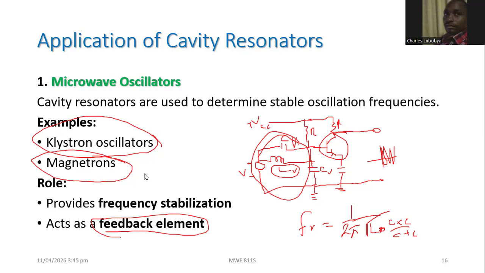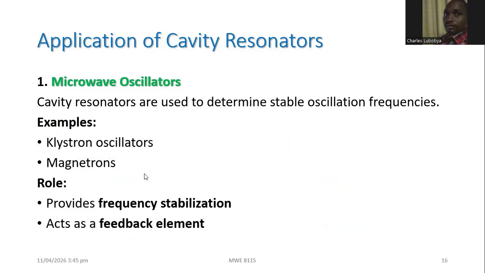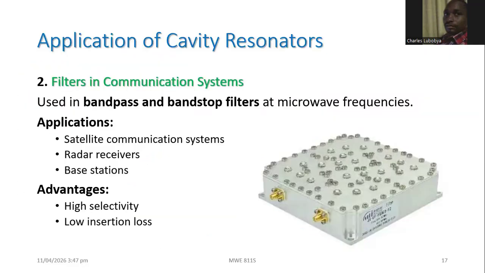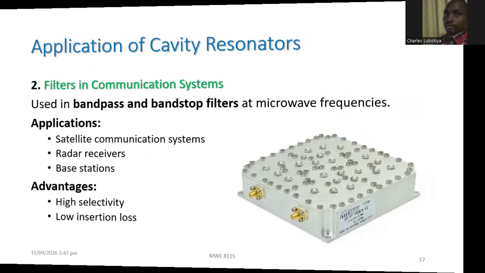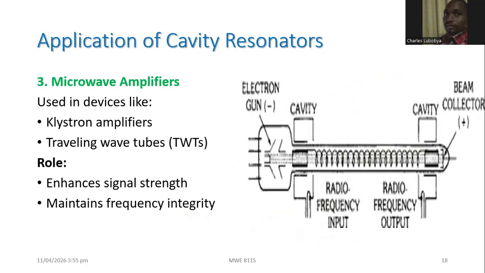Let's look at now their application in terms of amplifiers. You can also use them as amplifiers, right? A good example is what is known as a klystron amplifier or traveling wave tubes. These are examples of microwave amplifiers, all made of tubes and cavities. You can see here there are cavities.